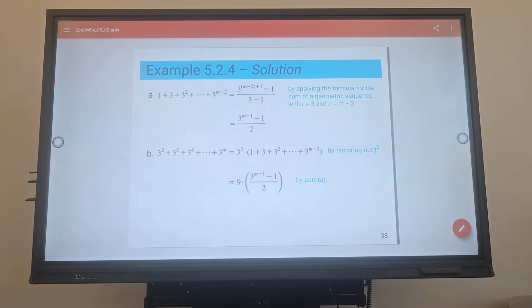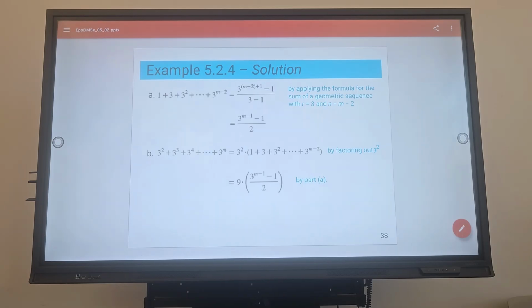It would be by applying the formula for the sum of a geometric sequence. Simple substitution: 3 is equal to r, and m is the variable. You get 3 to the m minus 1 all over 2.